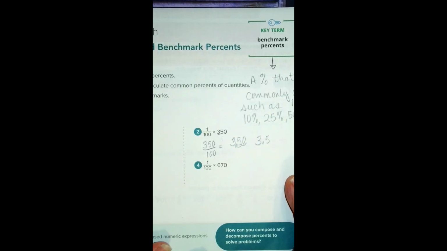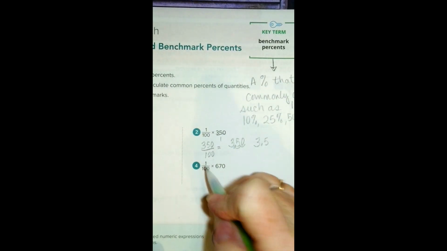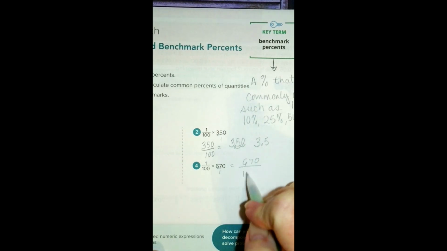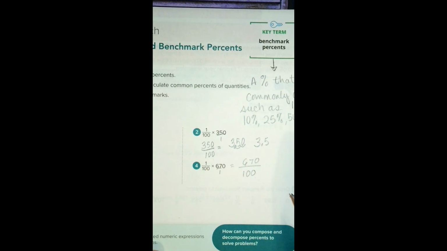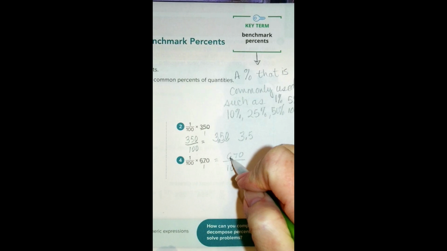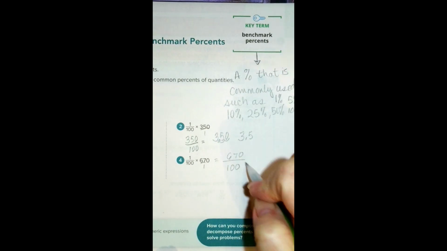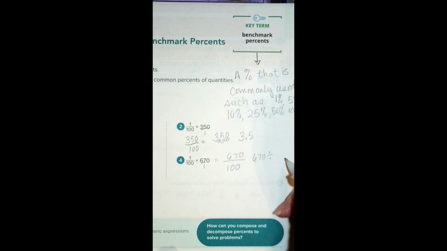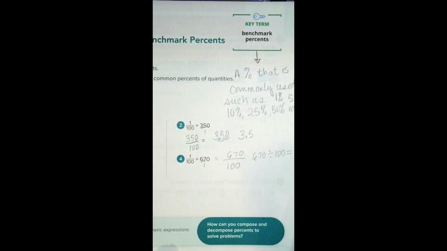Okay, so then 100 times 670, or 1/100th of 670. So we'll have 670 over 100, which is a division. So 670 divided by 100. Remember, if you're entering it in a calculator, the numerator gets entered first, then divide, and then the equal sign in the calculator.